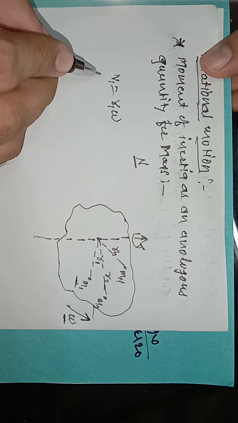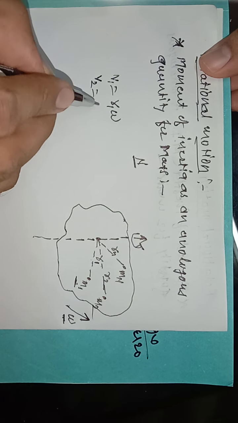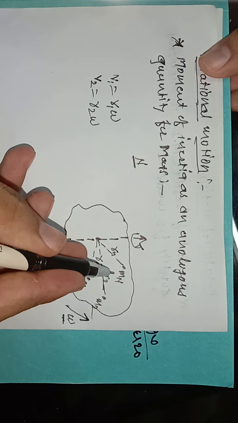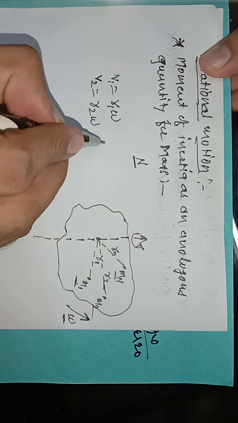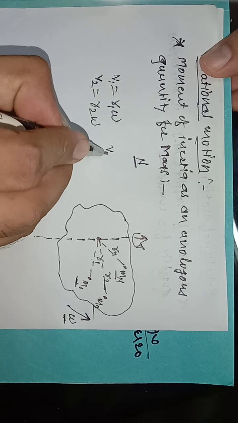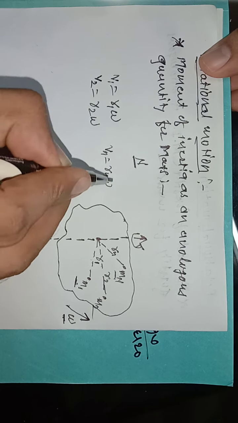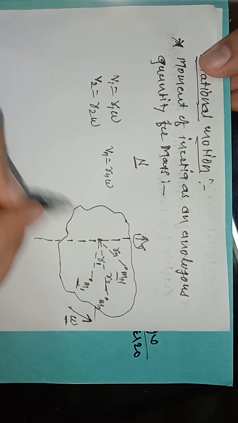Same way, the linear velocity of the second particle is v2 is equal to r2 omega, and so on. For the last particle, of mass mn, the linear velocity vn is equal to rn omega.